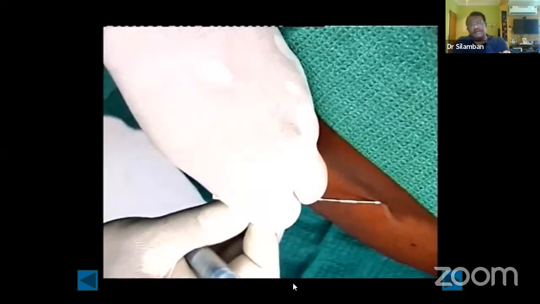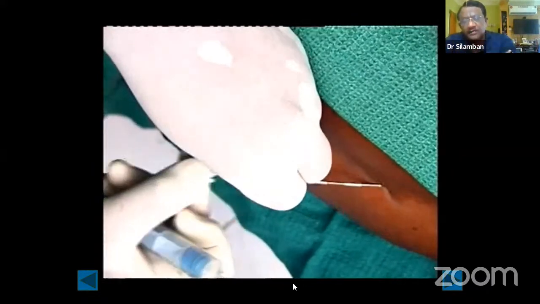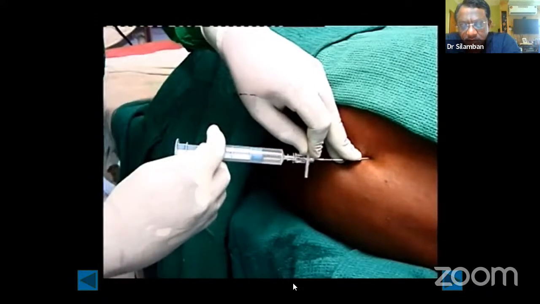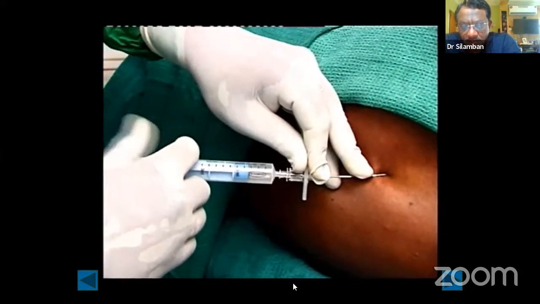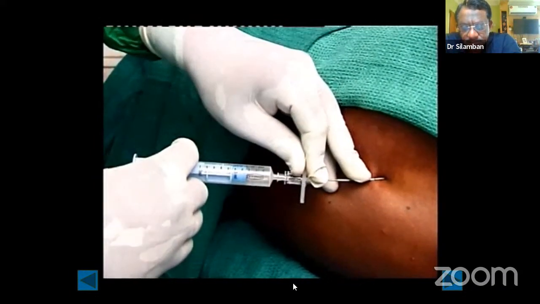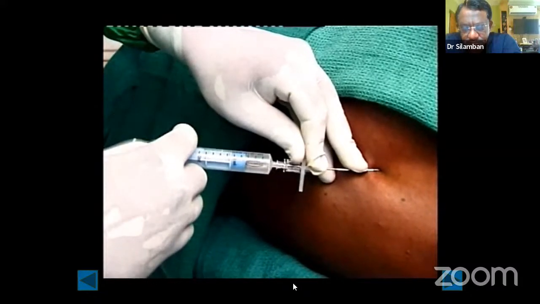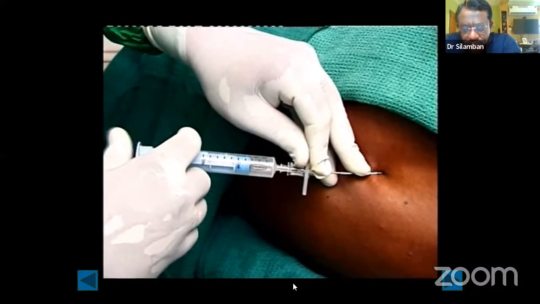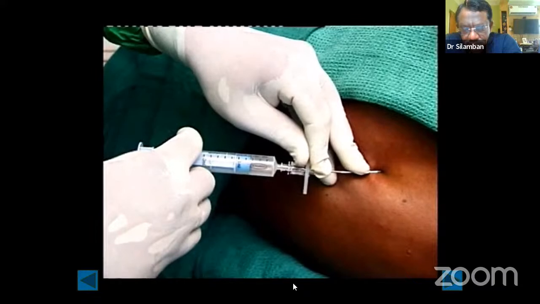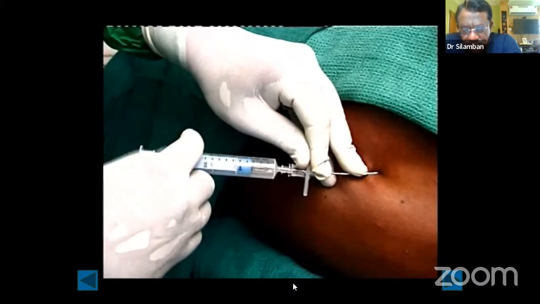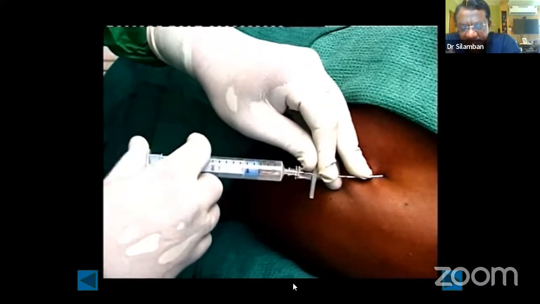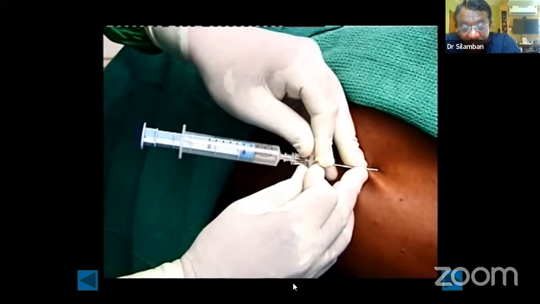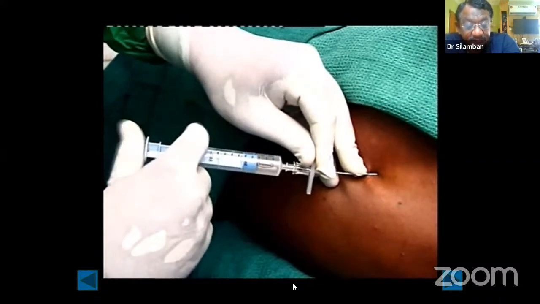I think the angulation is well appreciated in this angle from above. Despite being a very thin patient, the needle has already gone inside for 5 centimeters.